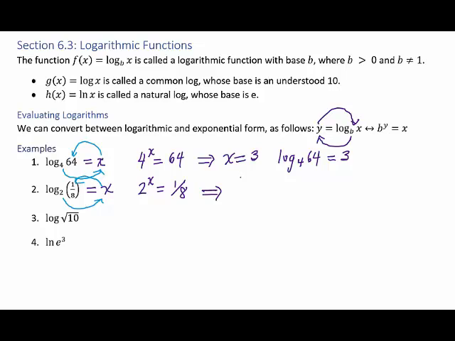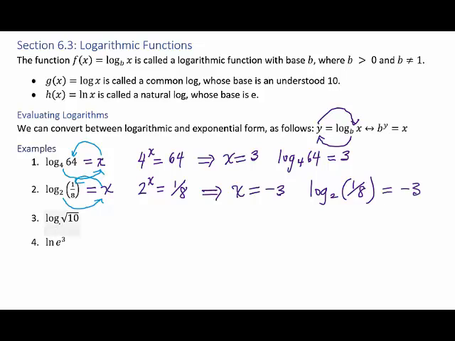And what if we used a negative exponent? 2 to the negative third is 1 over 2 to the third, which is 1 over 8. So in this case, x is negative 3. And then our statement: log base 2 of 1/8 is negative 3.